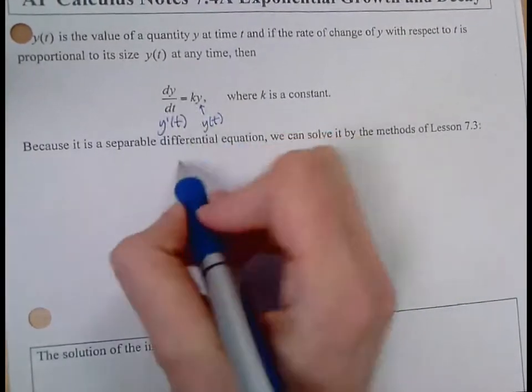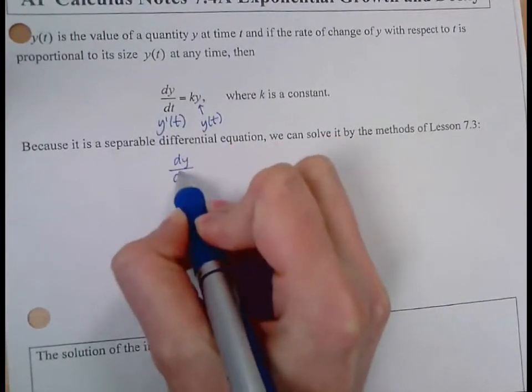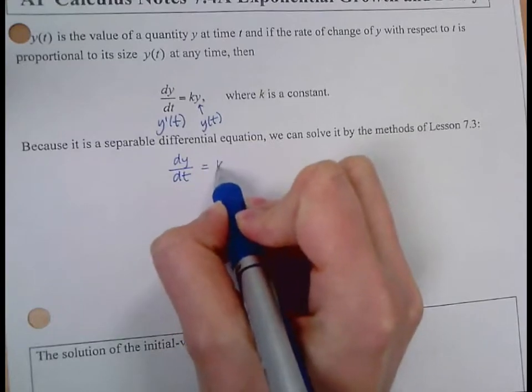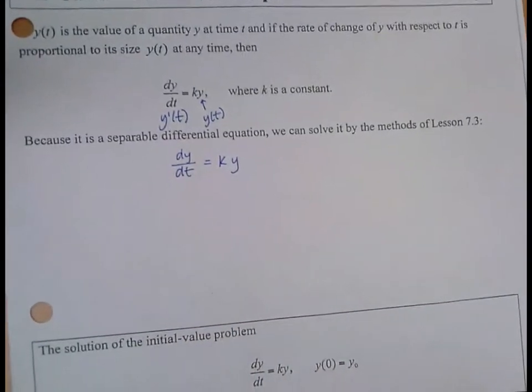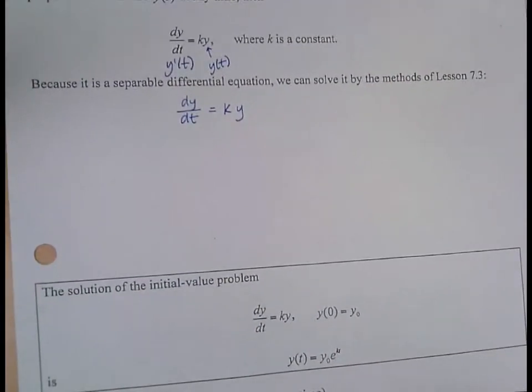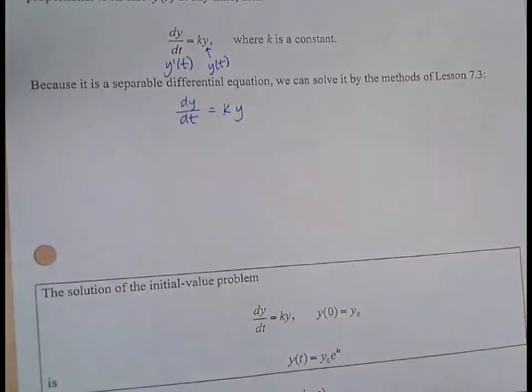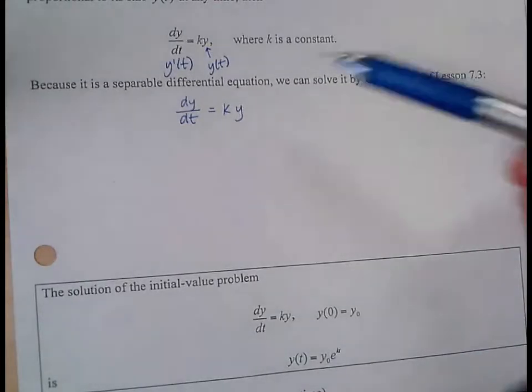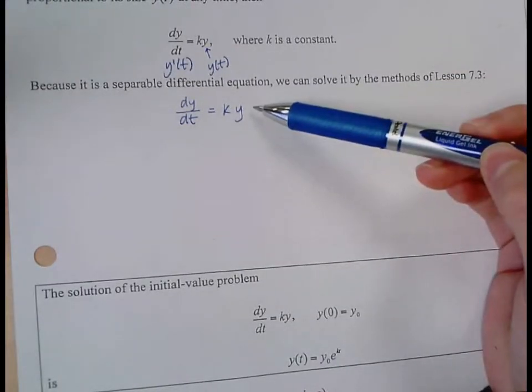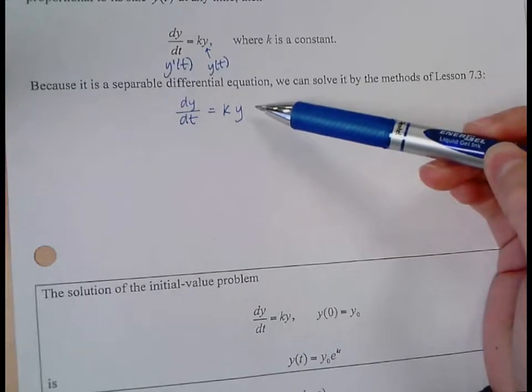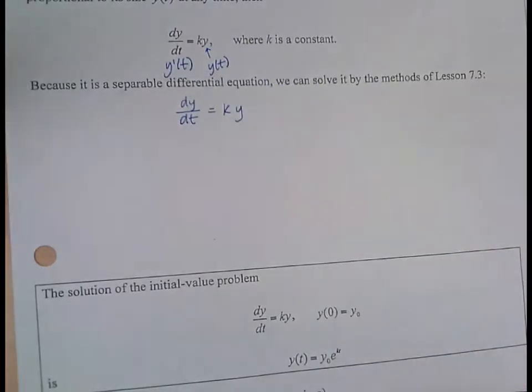So I'm just going to rewrite the differential equation we have here. And k, again, is just a constant. K isn't one of the variables. So first step, if you're solving a separable differential equation, what would we do first here? Yes, you'd want to separate your variables.